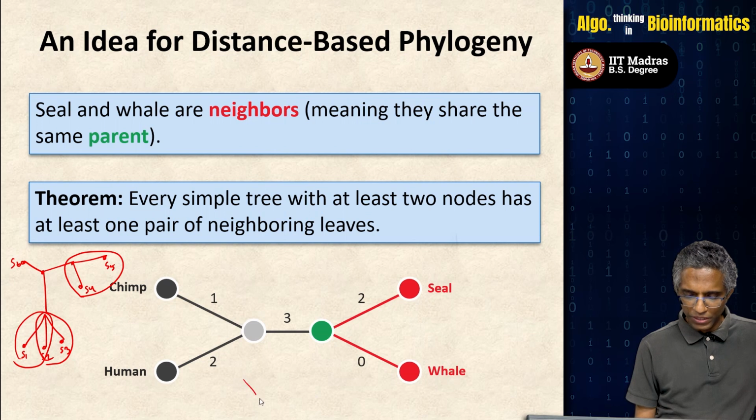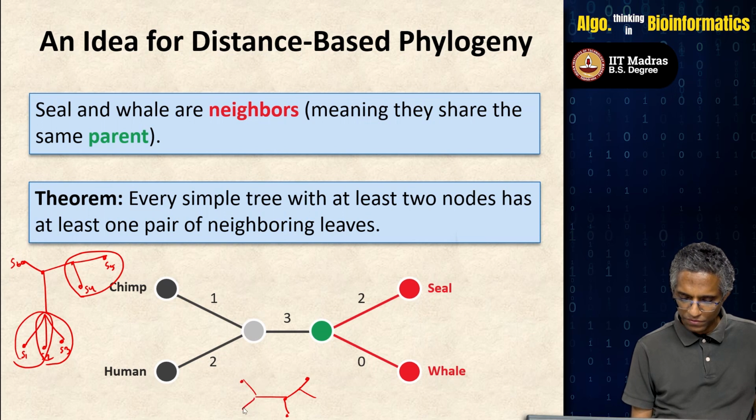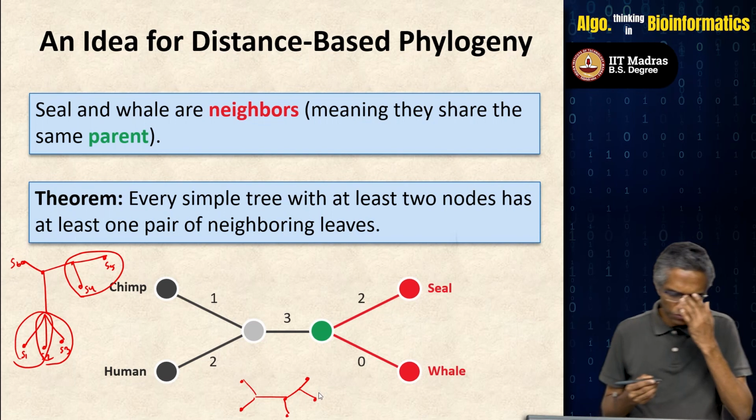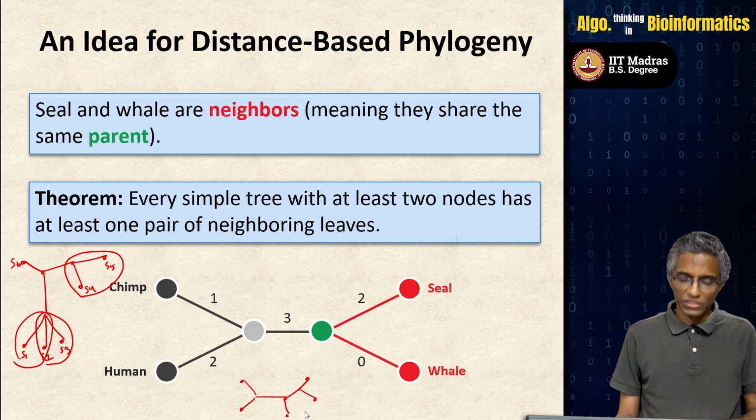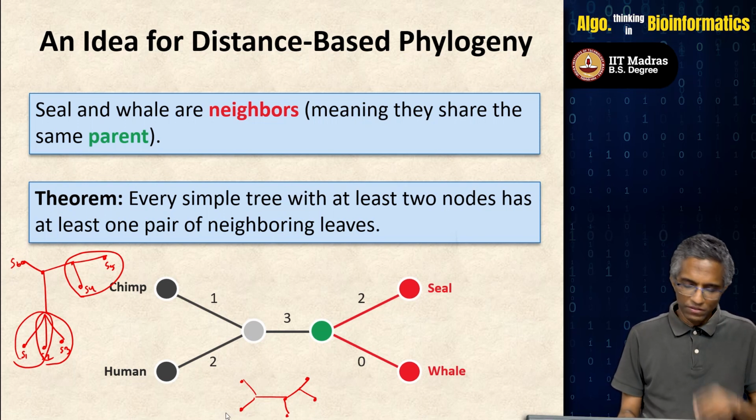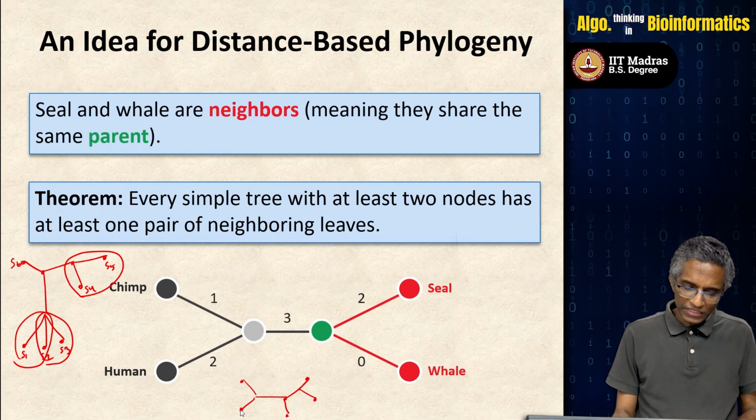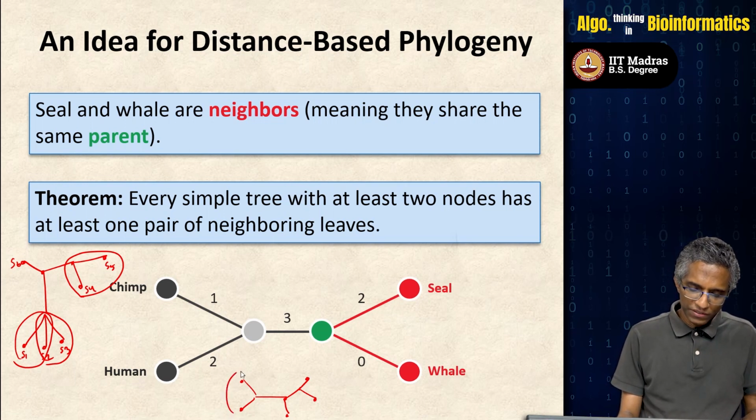Another example could be, I am trying to draw a tree where this node is degree 2. So, I need to do some things like this. In fact, you can even show that if you have at least 3 nodes, for instance, you can show that there are at least 2 cherries.